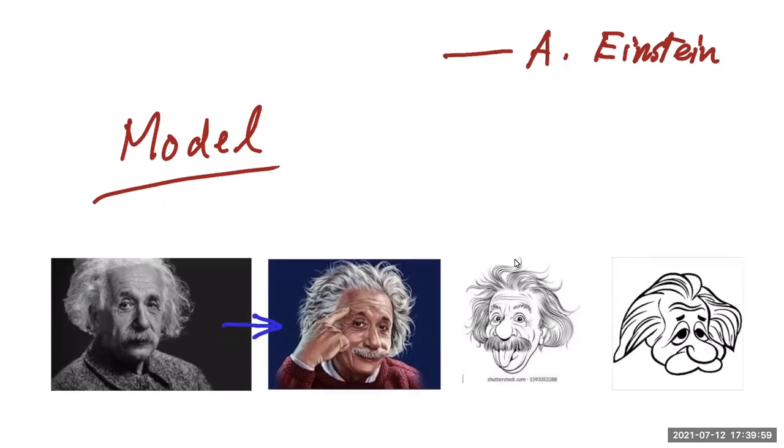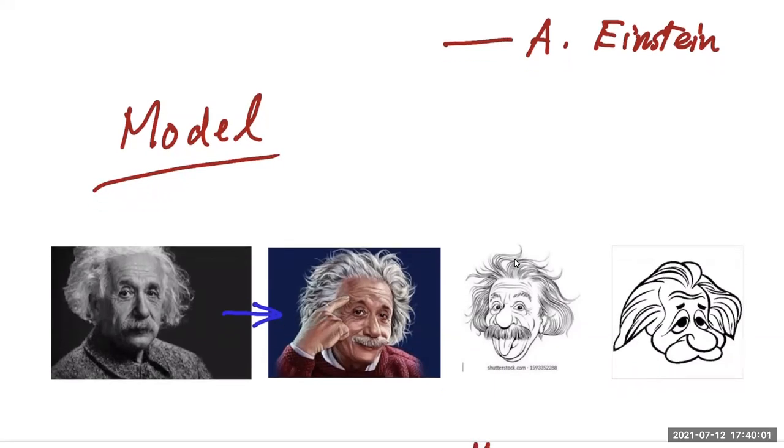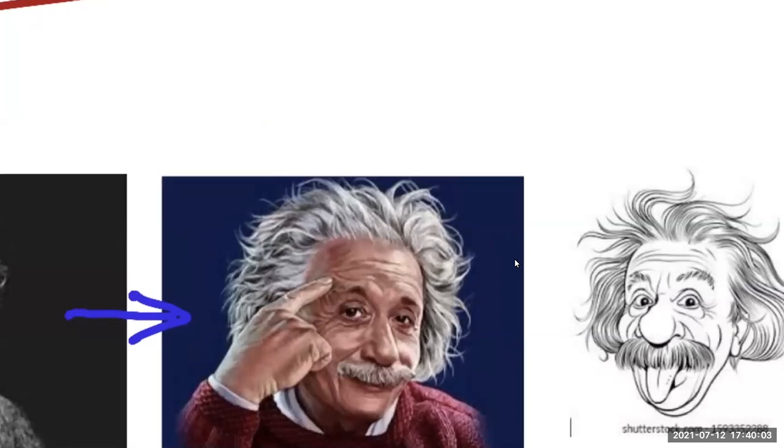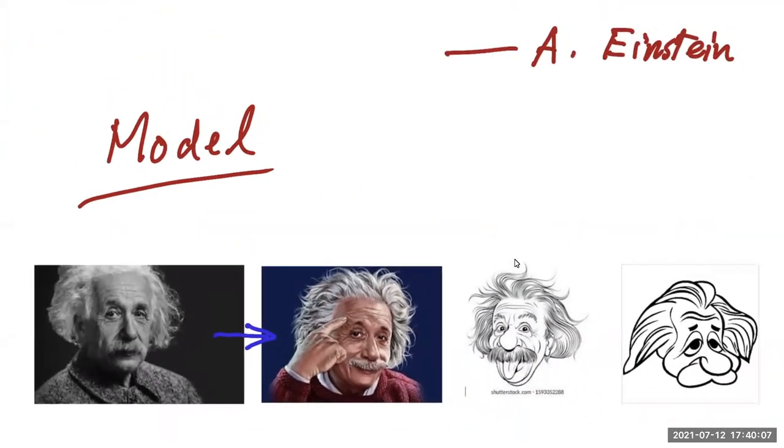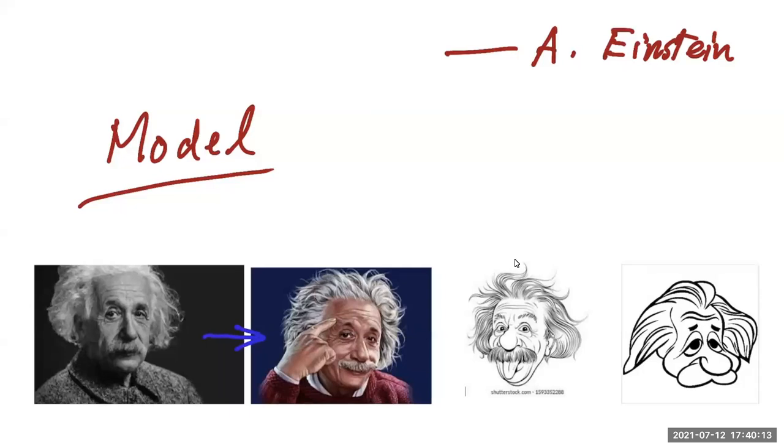So it's slightly easier, but still there's a lot of work you have to do. So if you think of this as a model of the real Einstein picture, this model has some simplifications.